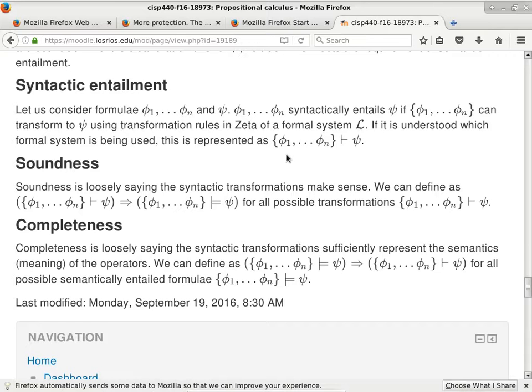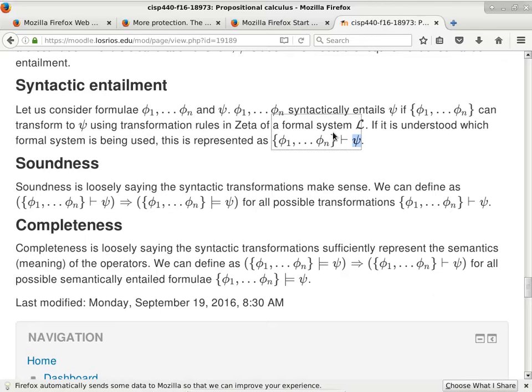Syntactic entailment is simply saying, if we start with phi 1 all the way up to phi n, and the psi just like last time, so we have some well-formed formulae that we are considering. The question is, can we go from the phi's and eventually end up at psi?